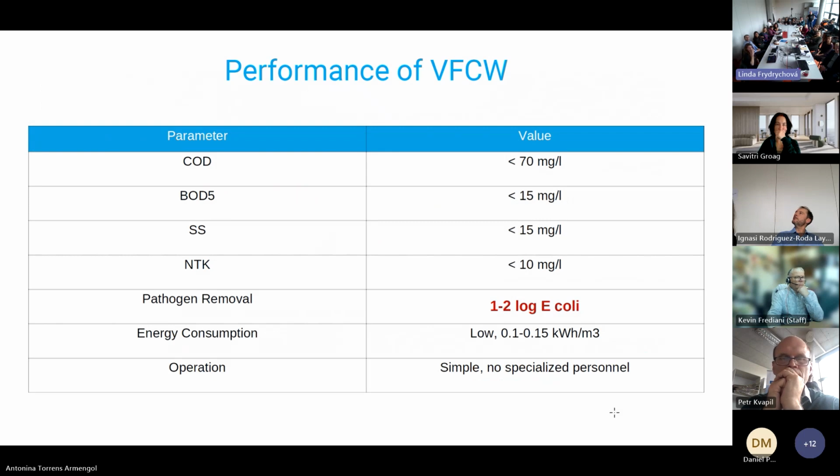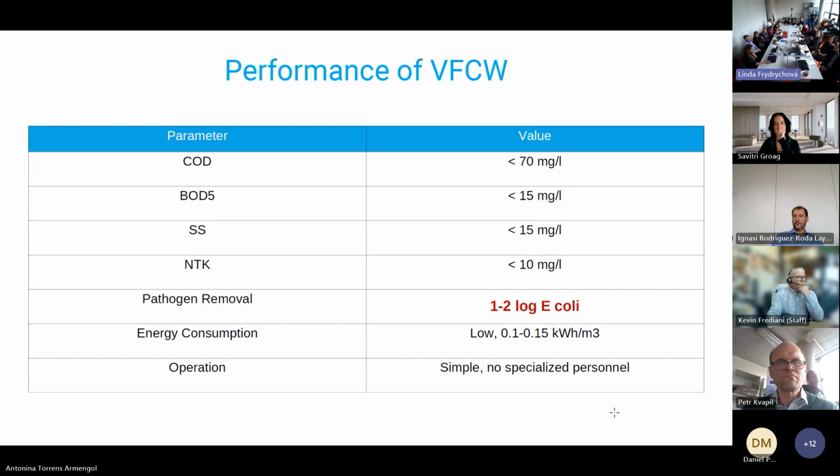And these are the normal performances in vertical flow constructed wetland systems. These are the standard performance. As you can see, this is from raw wastewater, raw wastewater after the wetlands. This is the outlet quality, and it's quite good quality, but we have to enhance pathogen removal for the zoos.